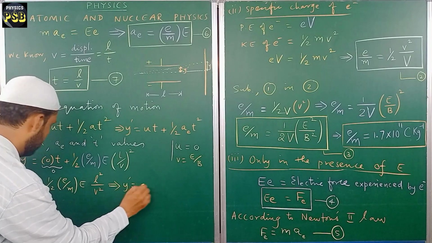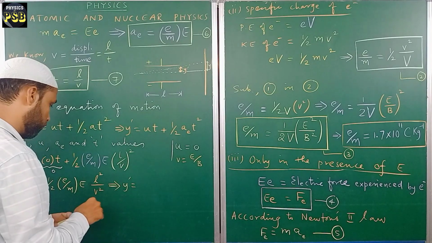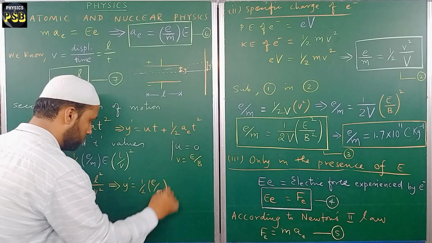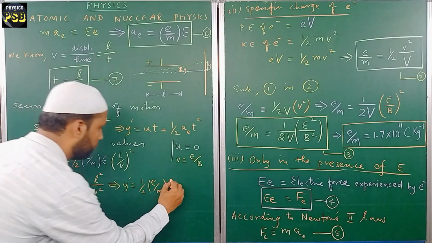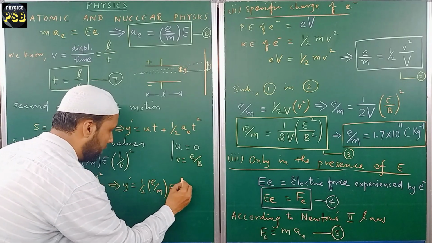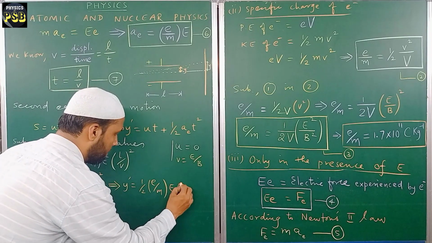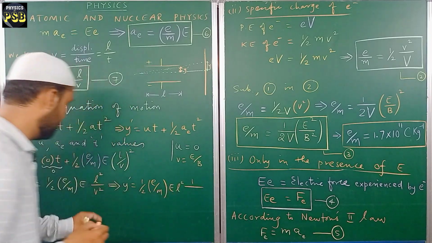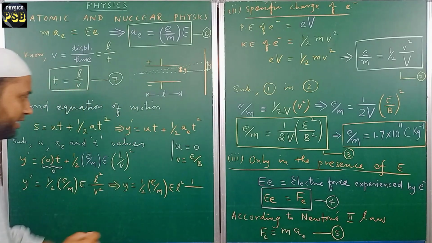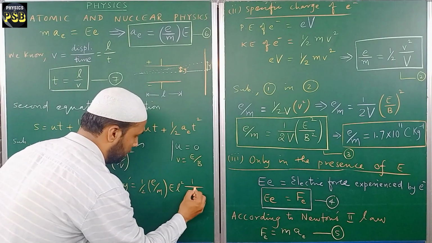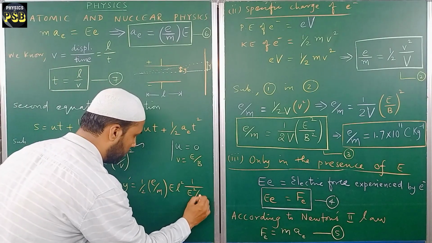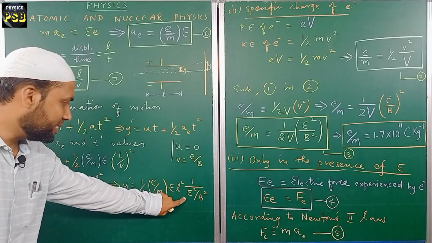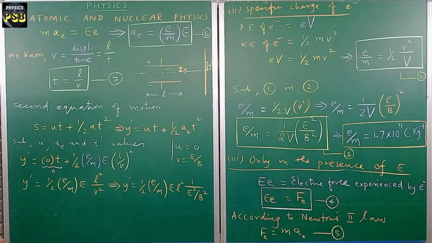So y dash equals half e upon m, then E inside, L square, then 1 divided by, in the place of v I write E by B, E square divided by B square. When I take this to the numerator, what will happen?